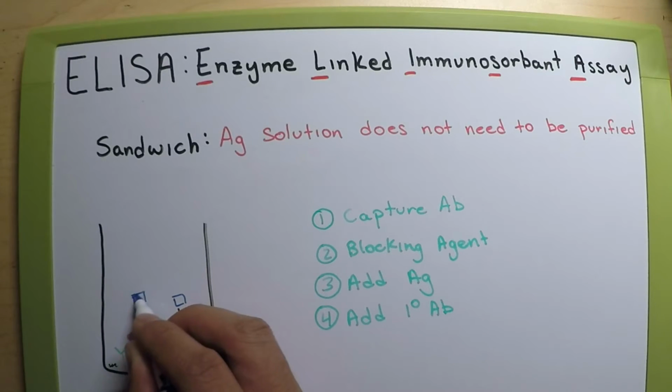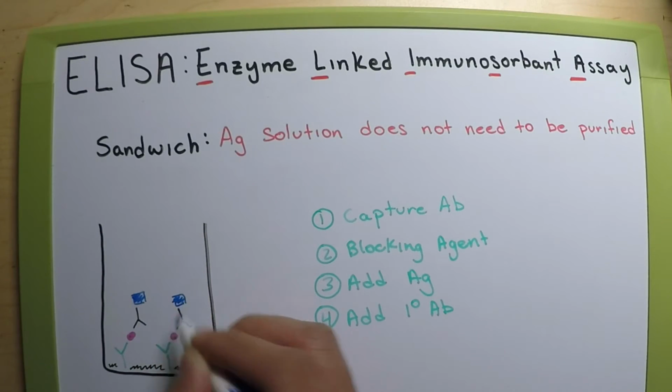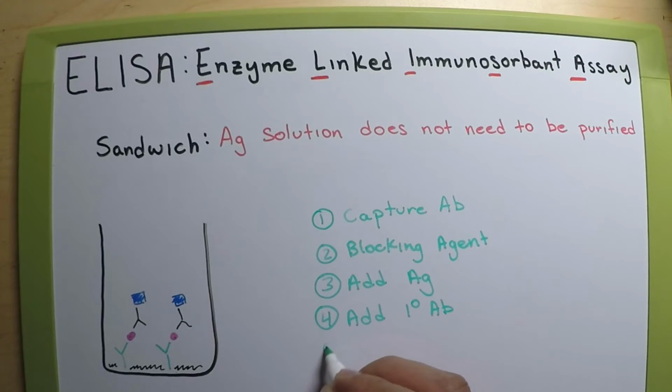And if it binds, we will see a change in color after we do the wash. And as I said before, if it is present, then we will observe a color change.